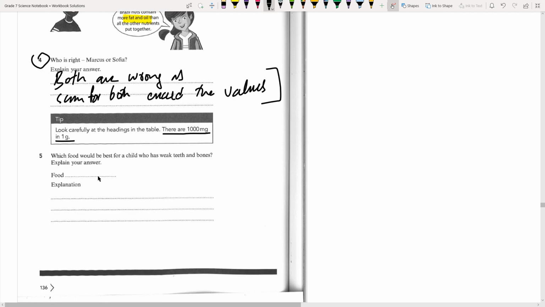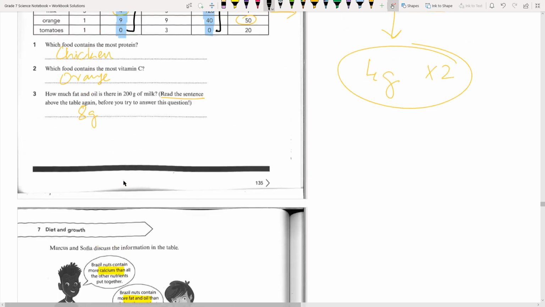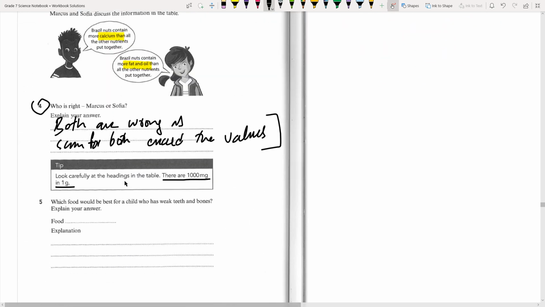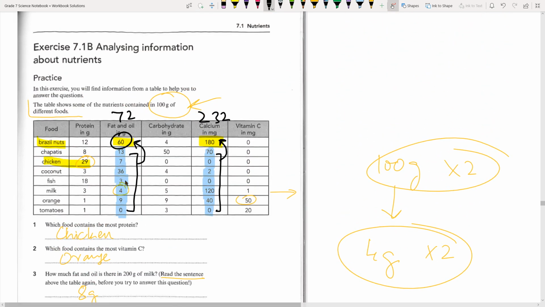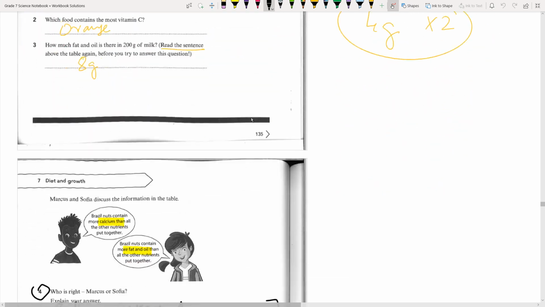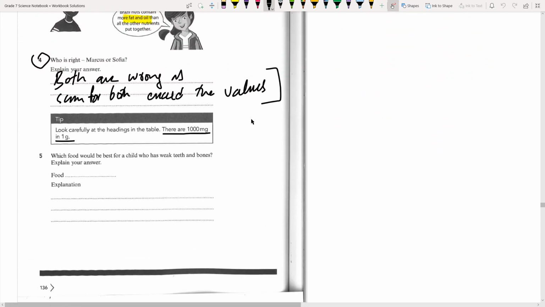Which food would be best for someone who has weak teeth and bones? Explain your answer. Now they have a teeth and bone problem, which means we need more vitamin D. So which food? Food explanation: any food that provides vitamin D, and we can go with fatty fish.